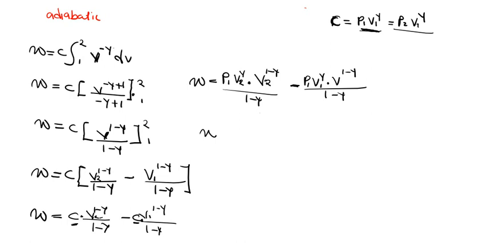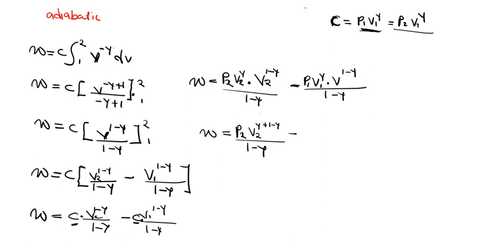So work will be given as, we can see now I'll just get one volume because they are the same, which is V2, and this P is P2, by the way. Then we can see I will just get powers, so I have gamma plus 1 minus gamma, then minus, over 1 minus gamma.